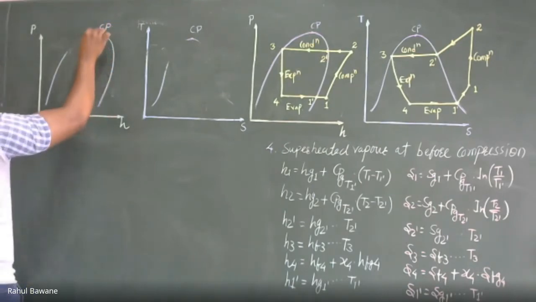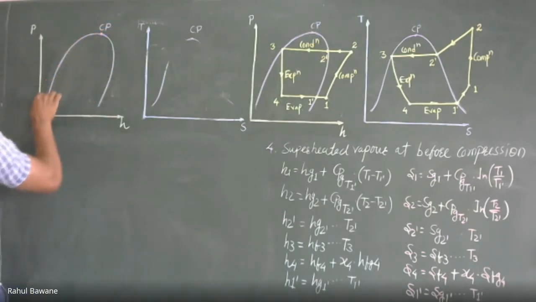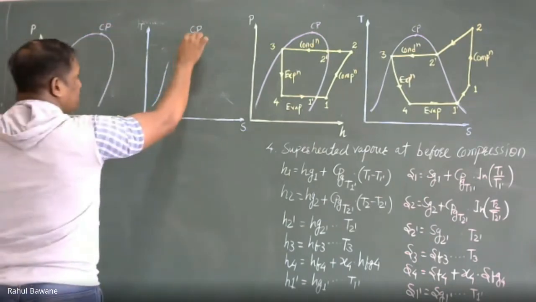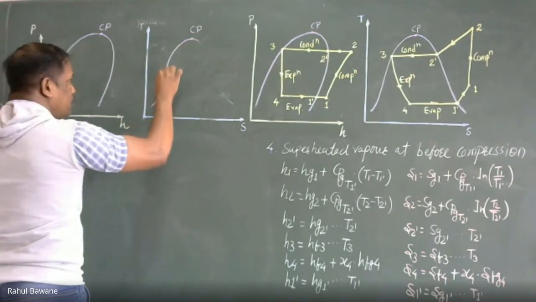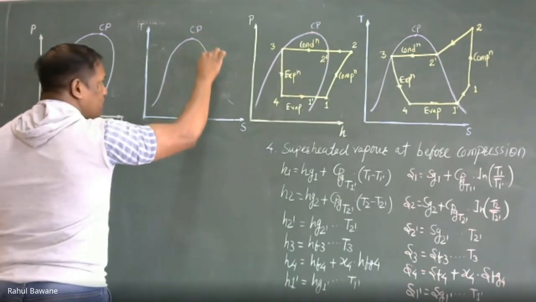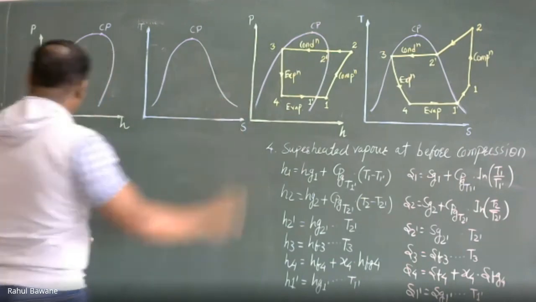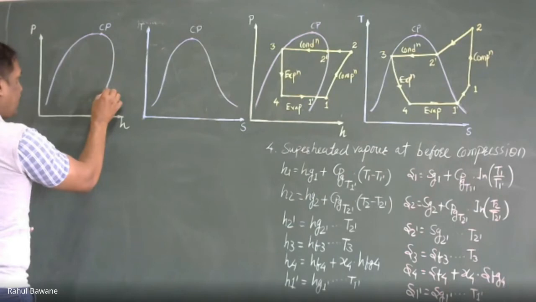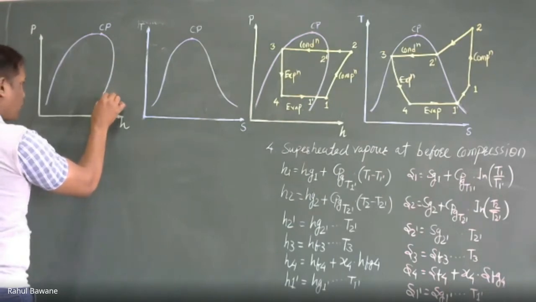So this is a curve: saturated liquid curve, this is the critical point, saturated vapor curve. Now imagine there is subcooling. How is it going to behave? Imagine we have a dry saturated entry point to the compressor.